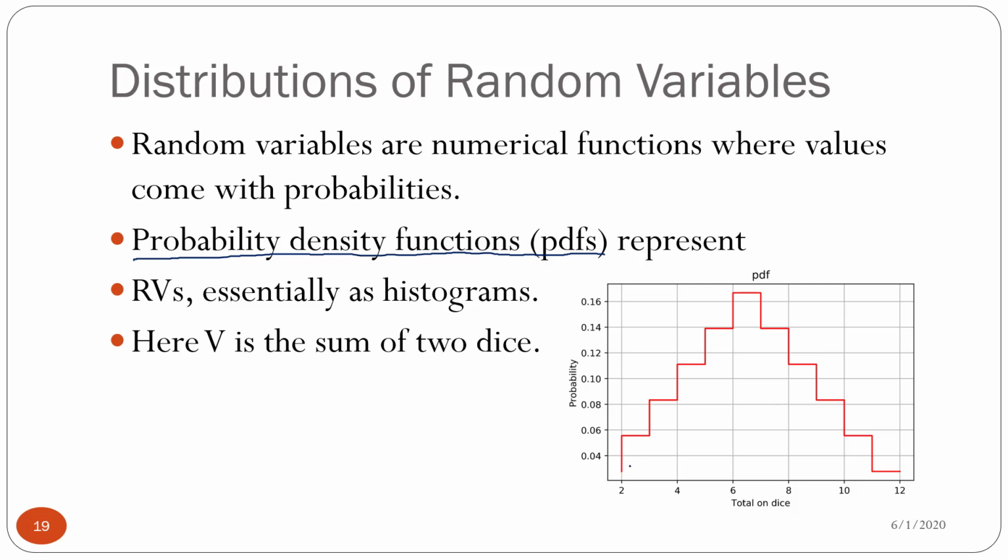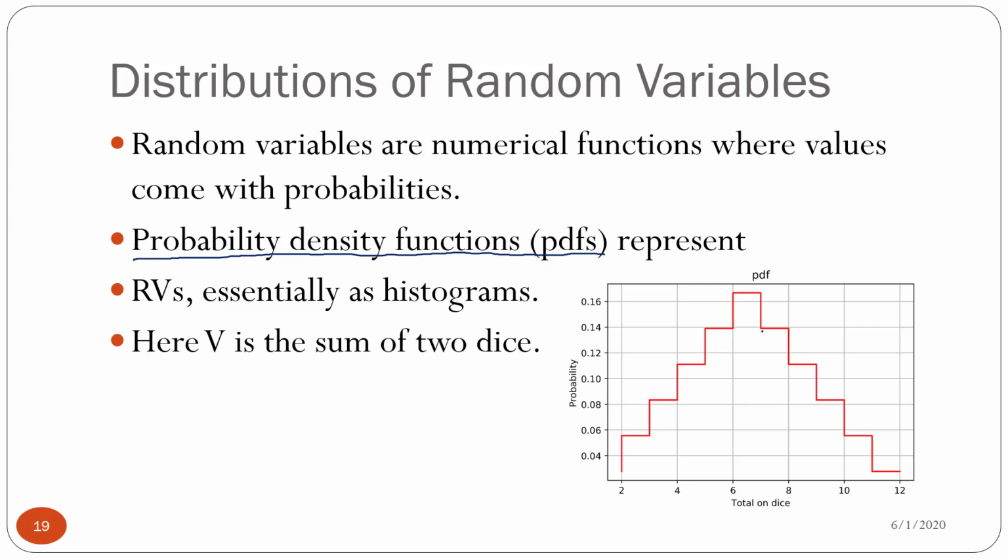Now with that we can come up with this interesting plot. And what is this plot about? This plot will give you an idea about the probability of each random variable value. So when the random variable is 2, this is the probability that we have. When it is 3, that's the probability you get. When the random variable is 4, that's the probability you have, right?